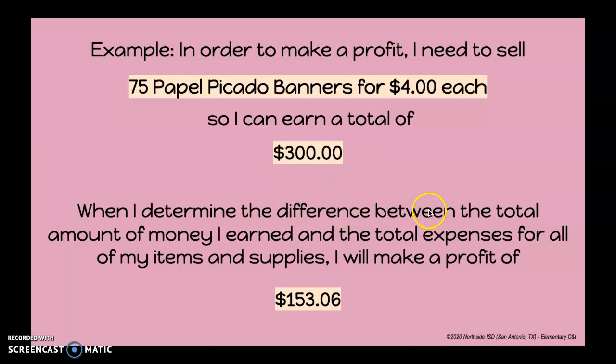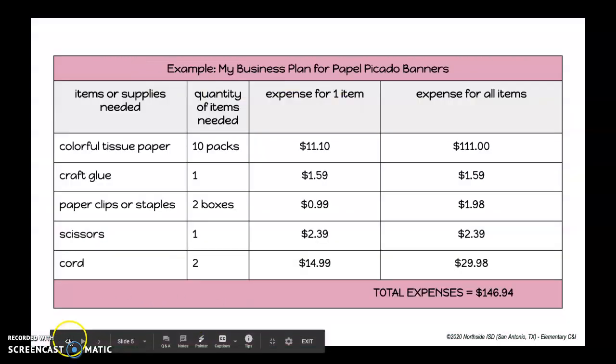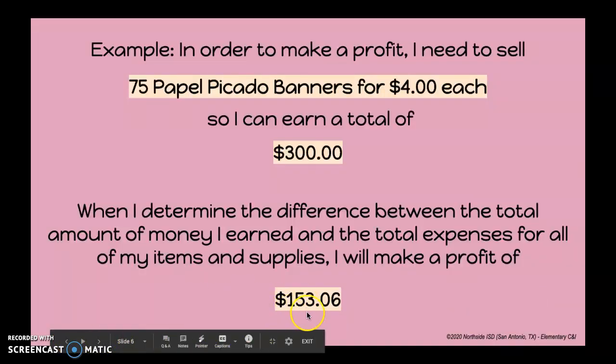Then you determine the difference between the total amount you earned. So this would be your total amount earned and the total expenses. So that's going to be these expenses here you're going to subtract from that 300. And then you get your answer for your profit, and it is $153.06.